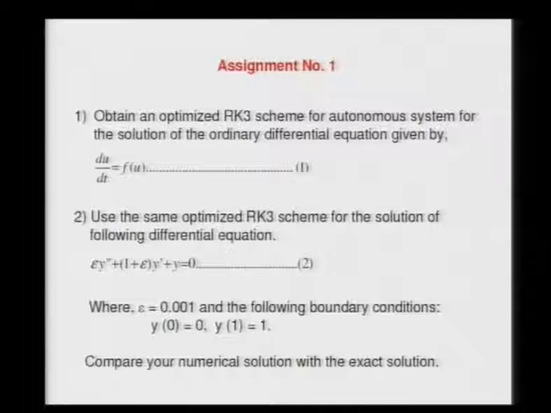So, you can anticipate that this is going to be one of the traditional boundary layer equations, and you have to solve this subject to the boundary conditions given below, that is y at t equal to 0 is 0 and y at t equal to 1 is equal to 1.